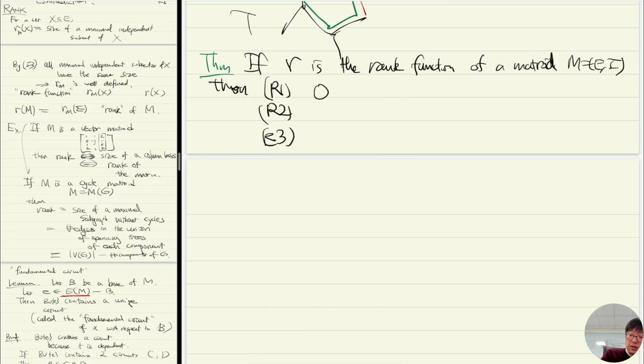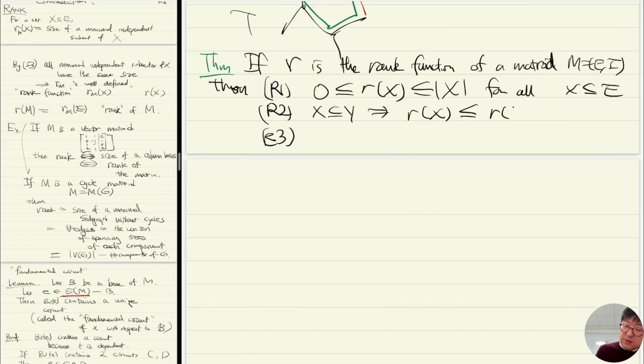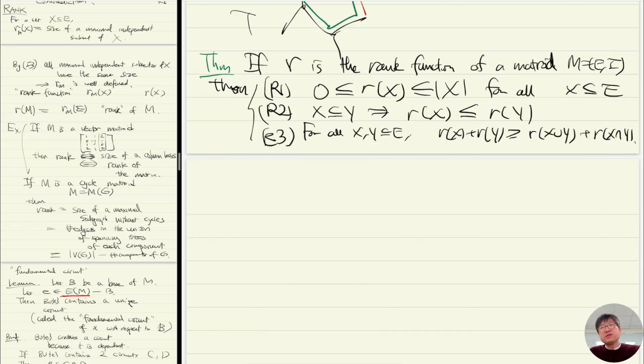The first one: the rank function always has a value between 0 and the size of X, for all X a subset of E. Second, if X is a subset of Y, then rank of X is less than or equal to rank of Y. And third, for all subsets X, Y of E, rank of X plus rank of Y is at least rank of X union Y plus rank of X intersection Y. So these are the three properties of the rank function. And R3 is commonly called the submodular inequality.